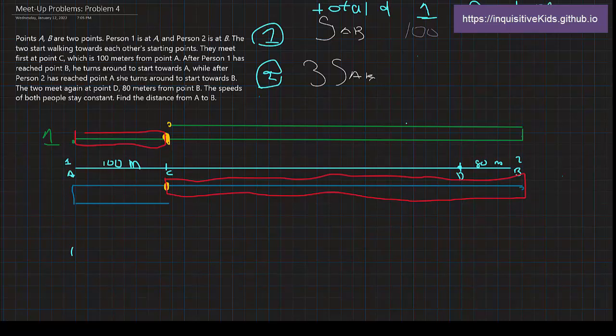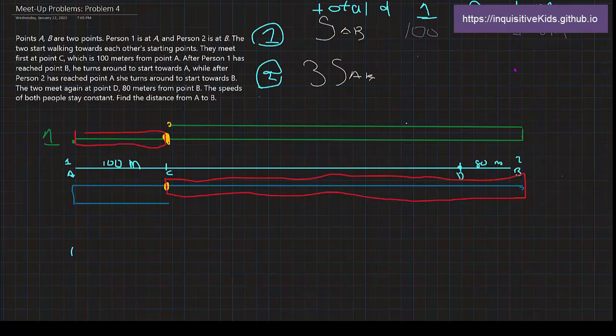So I'm starting to see a pattern here, a relationship. Here, this is S of AB, and over here, this is 3 times S of AB. So why don't I think of the time for one SAB as 1 unit of time? You see how I'm trying to make a ratio here.